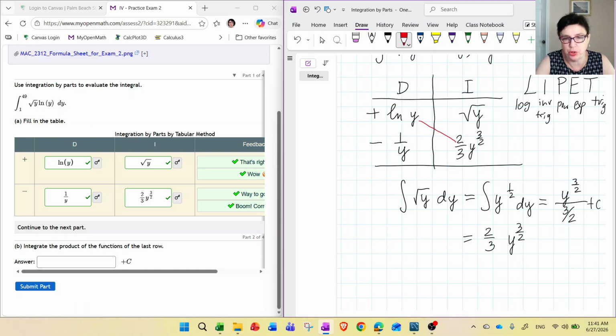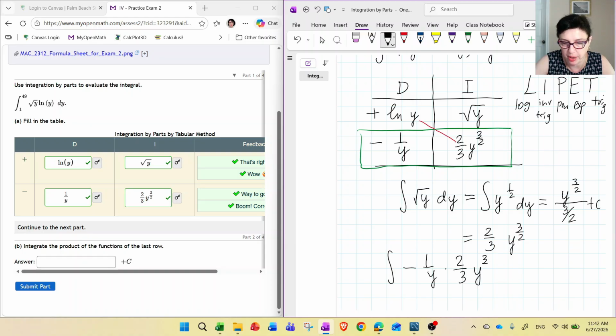The second term in your answer is going to be the integral of the box. What do we mean by the box? We always mean the product of whatever we see in the last row, including the sign, which is a negative. So what we need to do is integrate -1/y multiplied by 2/3 y to the power 3/2.